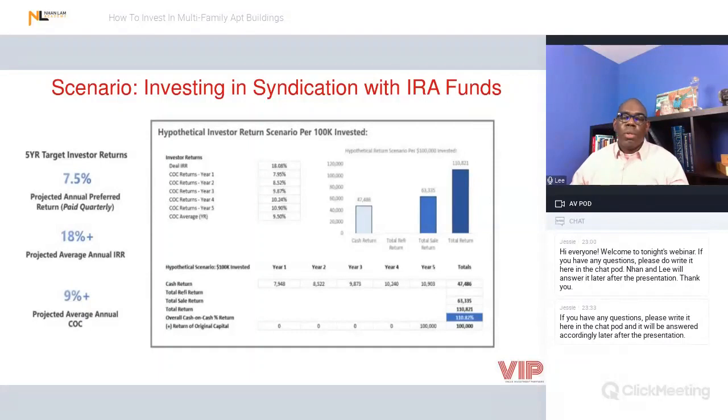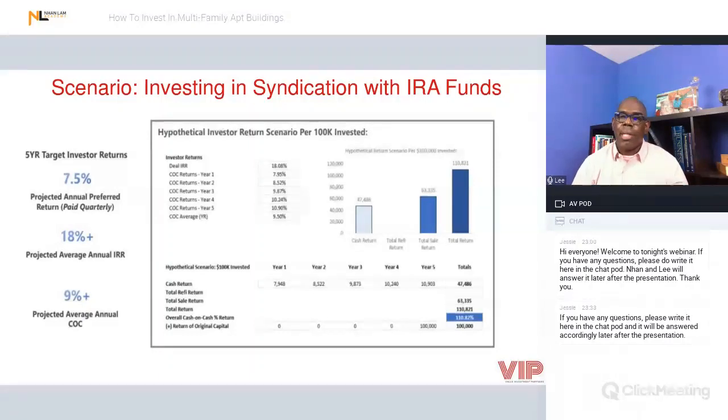One of the things that we talked about is even if you're doing a syndication or a solo investment, there are 2 tremendous capabilities that you have. The first one is depreciation, right? And there's depreciation where you can do cost segregation.